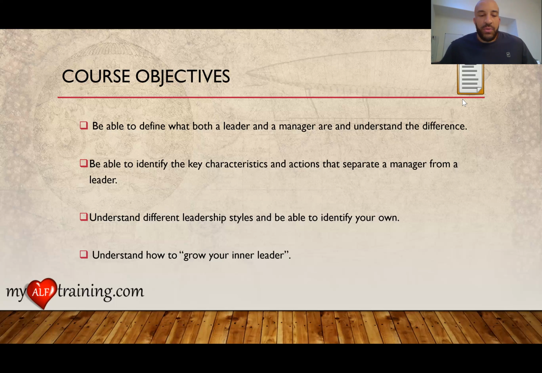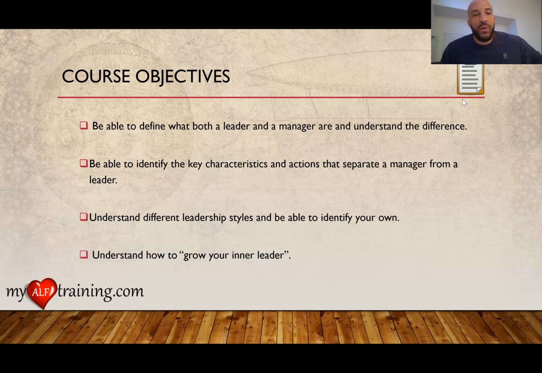So you need to get an understanding of who you are, who it is you want to become, and the group of people that you're leading, and then choose a leadership style that you want to model yourself after to grow into a more effective leader. So, we will talk about those different leadership styles so you can figure out which one applies to you and how you can apply it to your own position at your place of work.